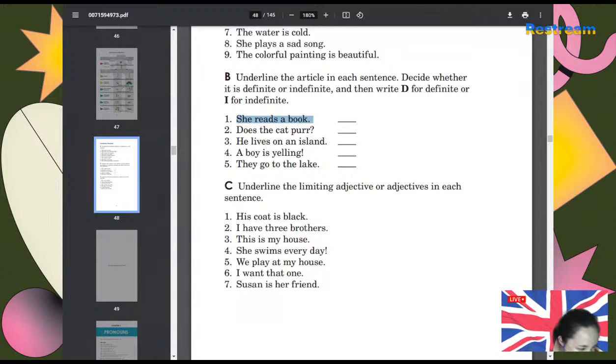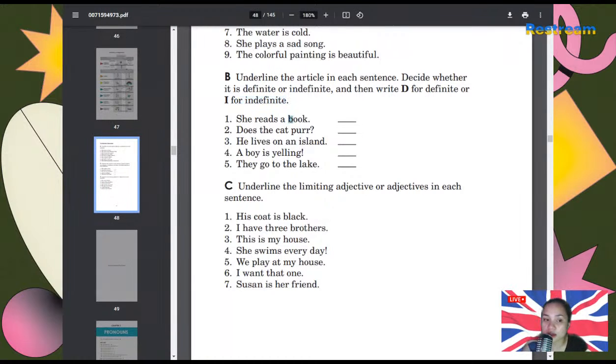So the article is A. Okay. A. This one, after the word reads and before the word book. So what is this? Definite or indefinite? That is an indefinite article.